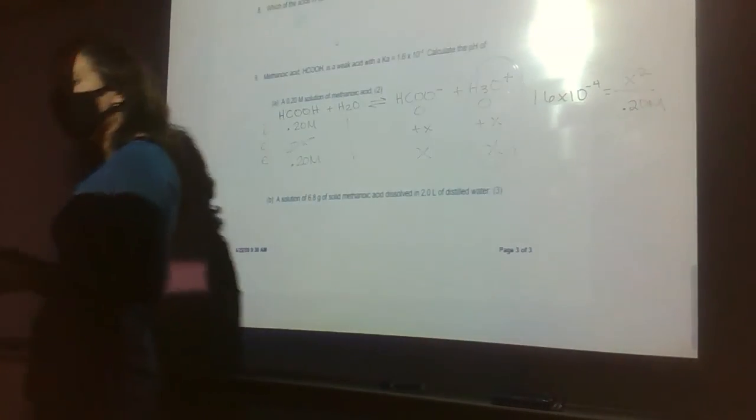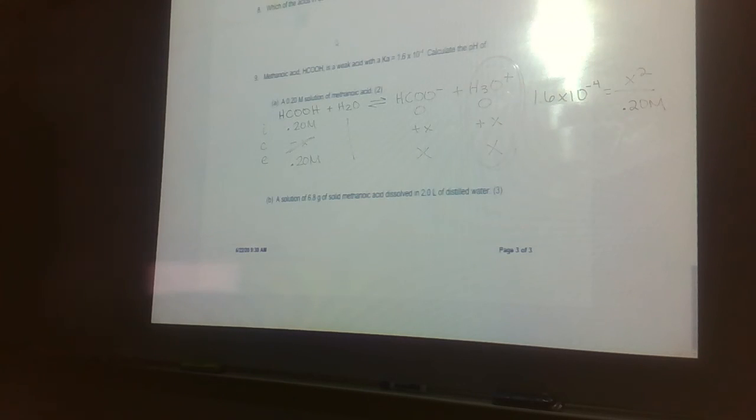And once you know hydronium, you can find the pH by taking the negative log of that. But weak acids depend on Kas because they don't completely dissociate. Questions?